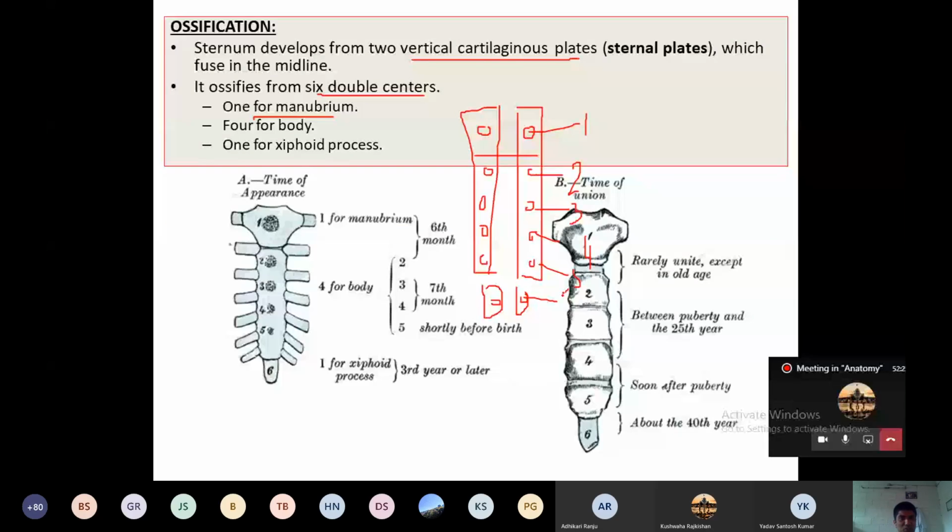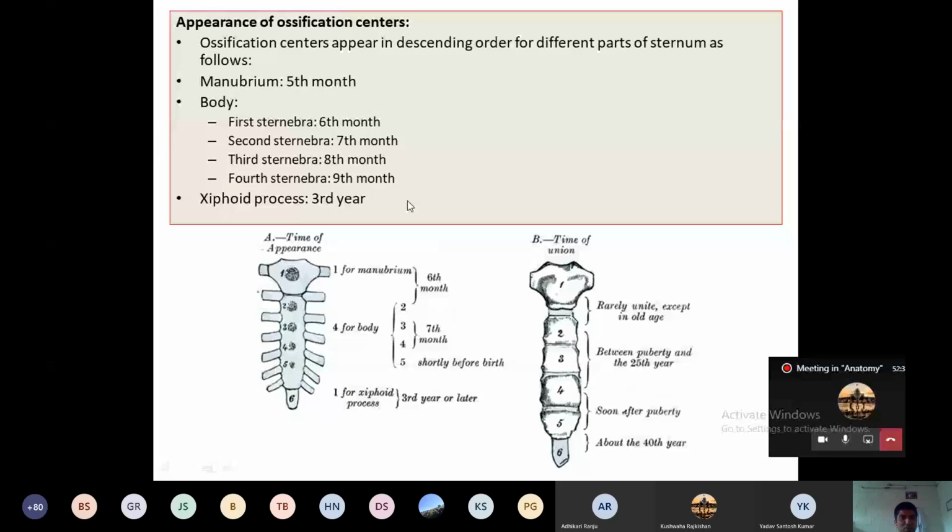Later, first of all you can see the ossification centers, then we'll go into the fusion part. Ossification centers appear in descending order for the different parts of the sternum as follows. For the manubrium, it appears in the 5th month. For the body, for the first sternebra, it appears in the 6th month. For the second sternebra, I have already introduced what a sternebra is. If you are still not getting it, you can see here in the diagram.